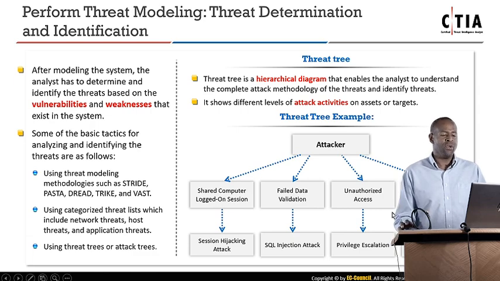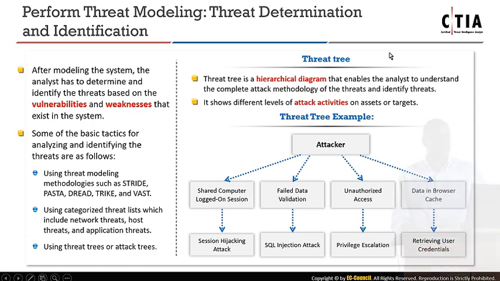In fact, if you look here on the right side of the slide, we see a threat tree. This hierarchical diagram helps us understand the complete attack methodology and shows us the different levels of attack activities. So we see an attacker here, and at the top we see a shared computer, a logged-on session. What can this lead to? A session hijacking attack, or a failed data validation in a form, for instance, which can lead to a SQL injection attack.